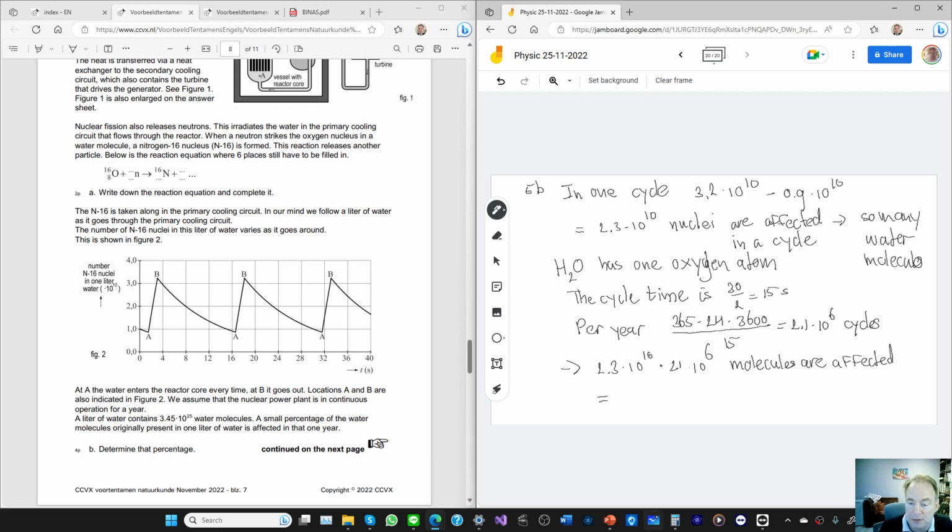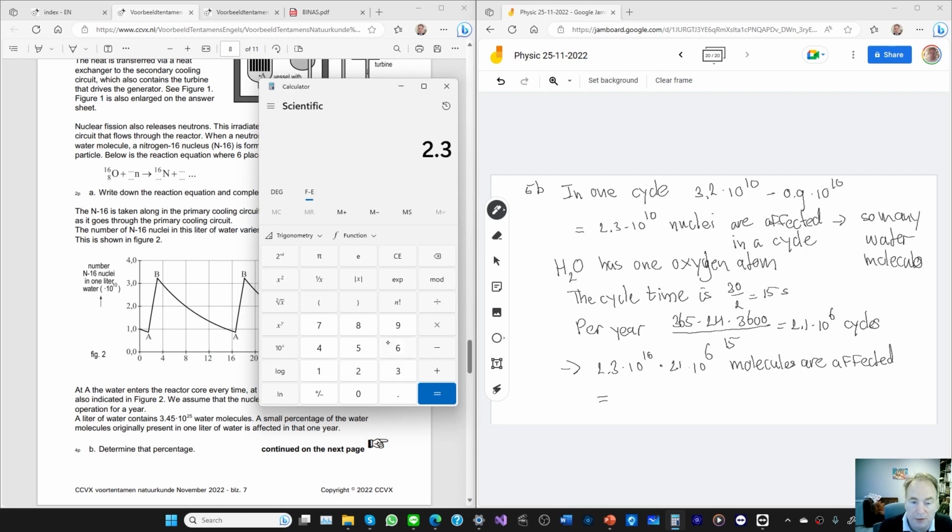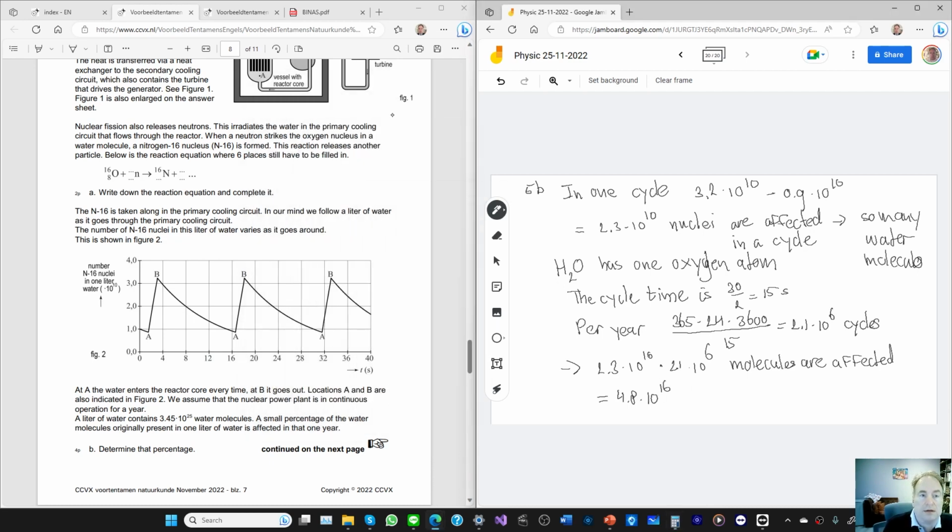And this is equal to 4.8 times 10 to the power 16 molecules per liter.